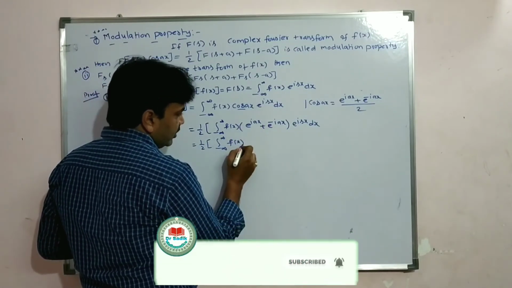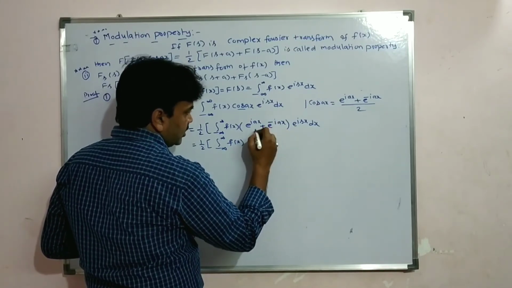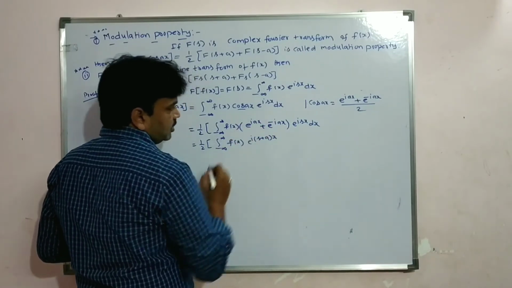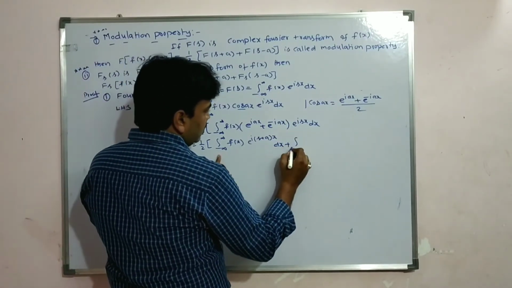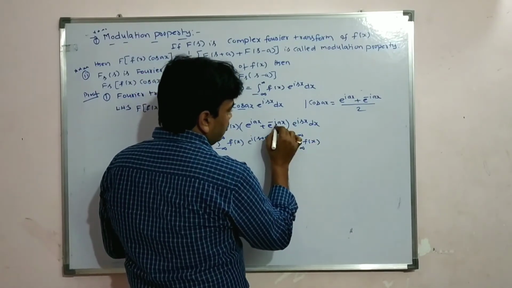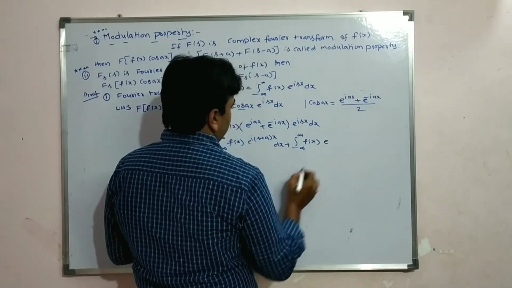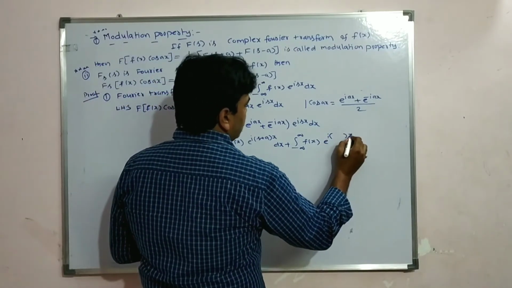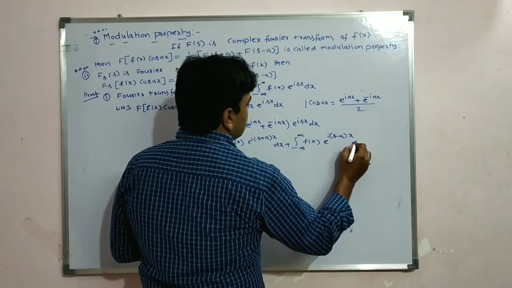We get f(x) e^{i(s+a)x} dx, taking i and x common, plus the integral of f(x) e^{i(s-a)x} dx.